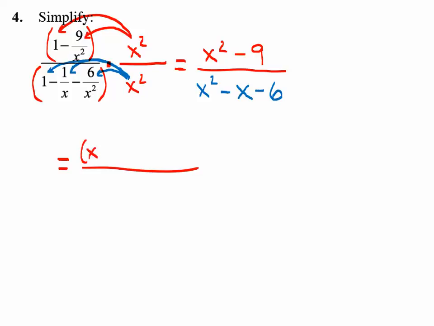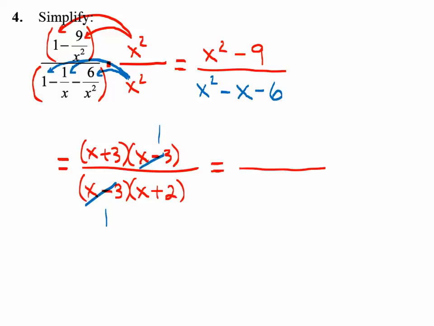So the top can be factored into two binomials, x plus 3 and x minus 3. On the bottom, two numbers multiplied to negative 6 that add to negative 1. I'll go with that: negative 3, positive 2. And the x minus 3's will cancel as common factors. And final answer, x plus 3 over x plus 2.